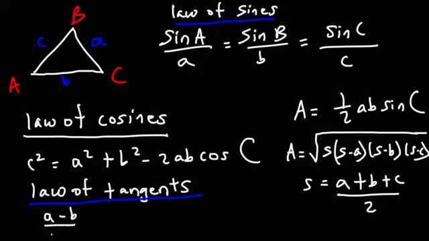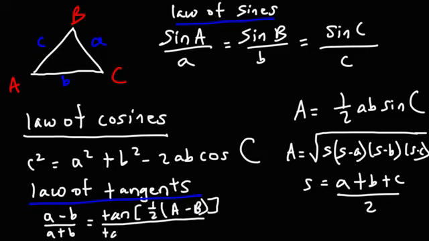A minus B over A plus B is equal to tangent 1/2 alpha minus beta, or capital A minus B, over tangent 1/2 A plus B, or alpha plus beta.